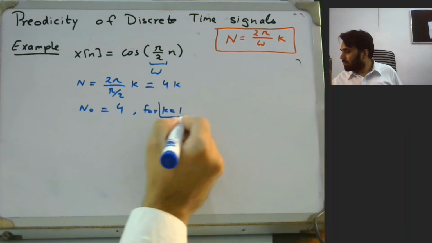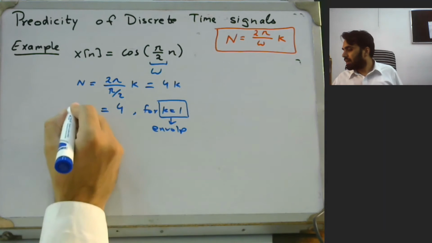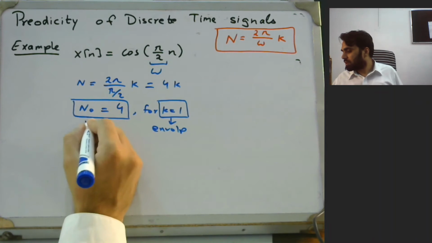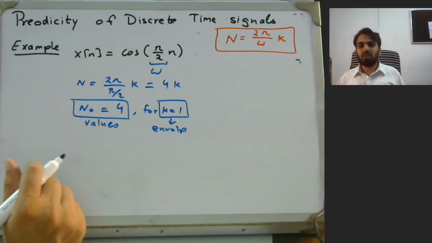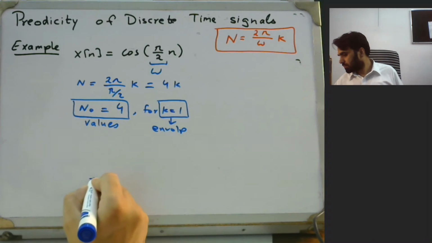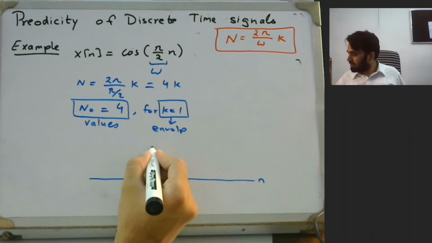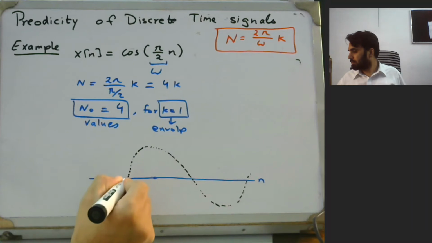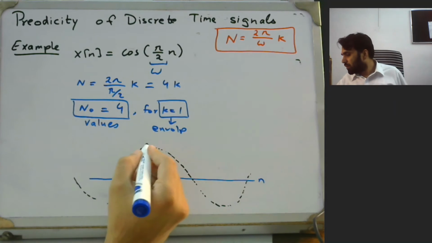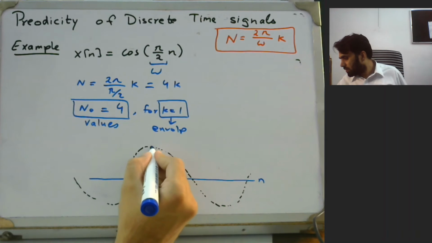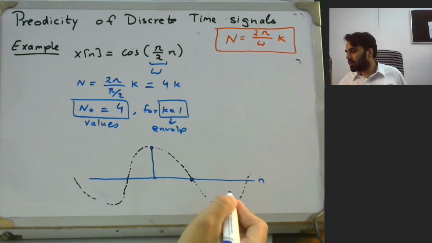So what does this k equal to 1 mean? This is actually our envelope, right? And these are our discrete values that would be there in the sinusoid. So let us understand this by means of one plot. Just for guidance purpose, I would make a cos function in continuous time. So n naught equal to 4 means that we would have 4 values for one cycle. The first value could be over here. This could be our second value.